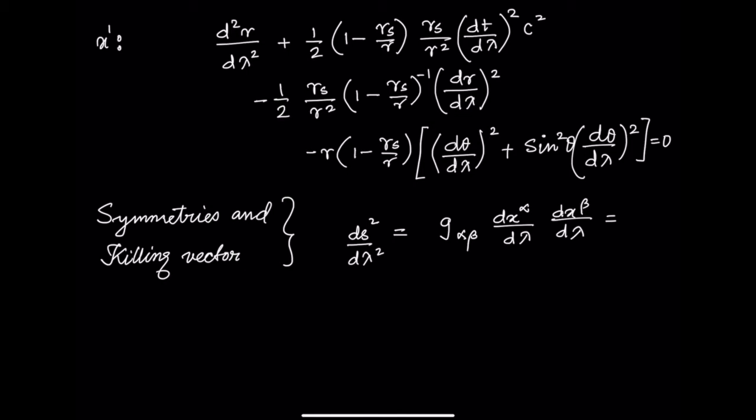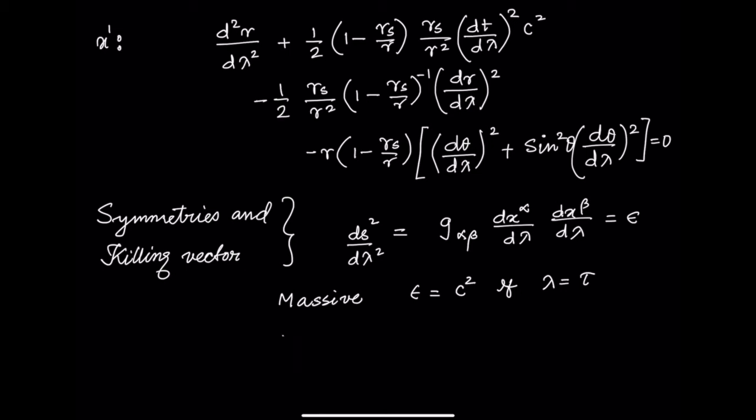So we'll call this epsilon, where epsilon is just c square if lambda is tau. This is the case where I'm talking about the trajectories of the geodesics of massive particles.